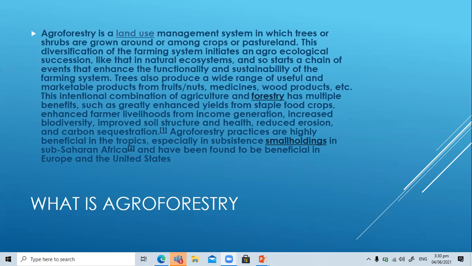This diversification of the farming system initiates an ecological succession like that in the natural ecosystems, and so starts a chain of events that enhance the functionality and sustainability of the farming system.